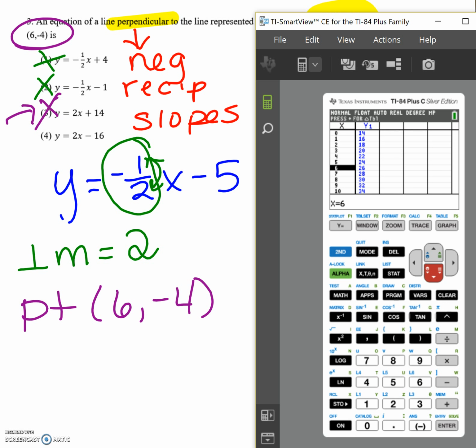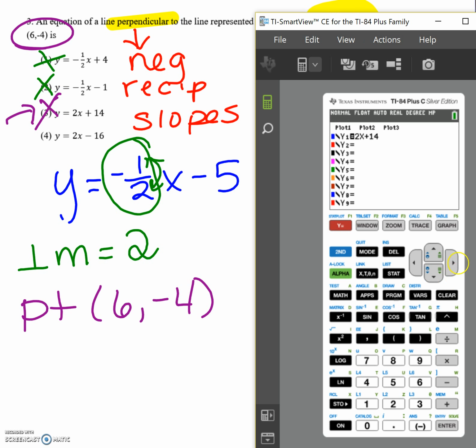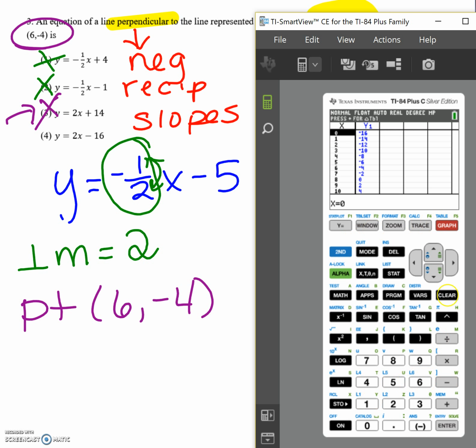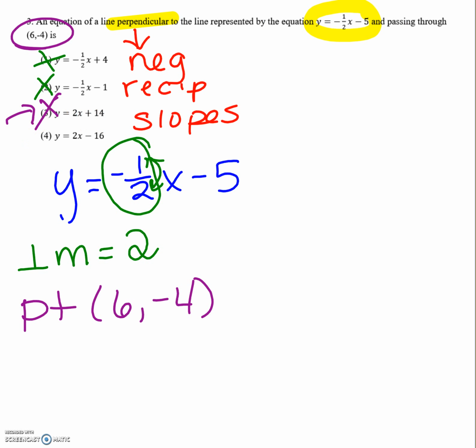I'm going to double check the last equation. So 2x minus 16. Again, second graph to look at my table. And when I scroll down to 6, I should see my y coordinate is negative 4. Therefore, (6, negative 4) is a point on the line, and it will be perpendicular to the given line.